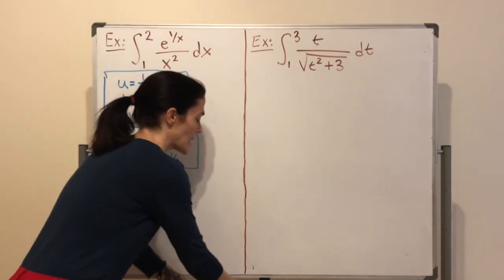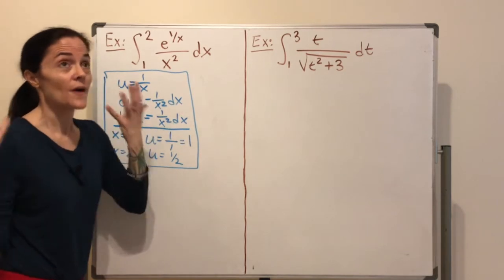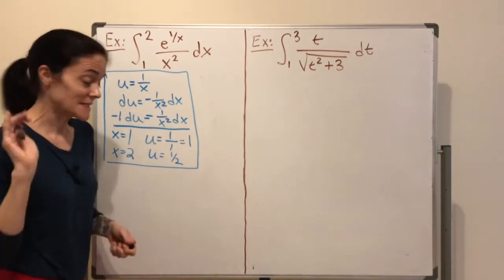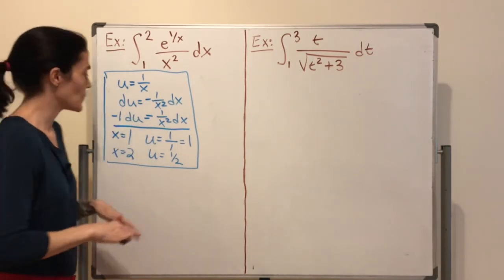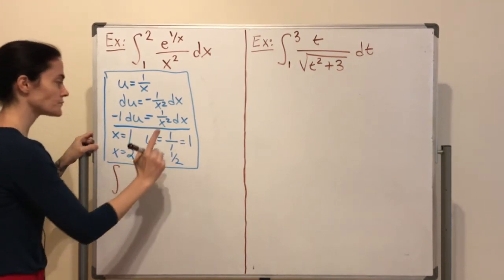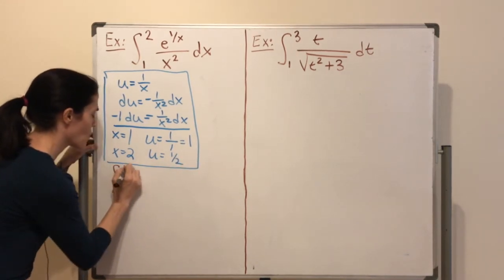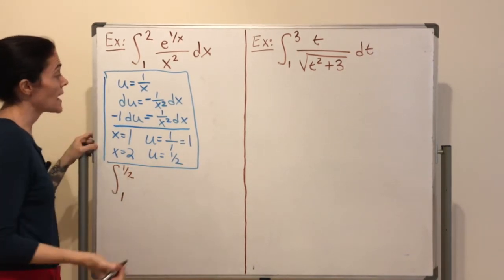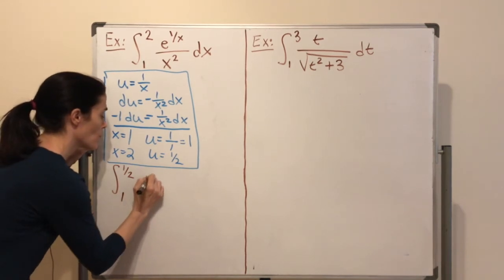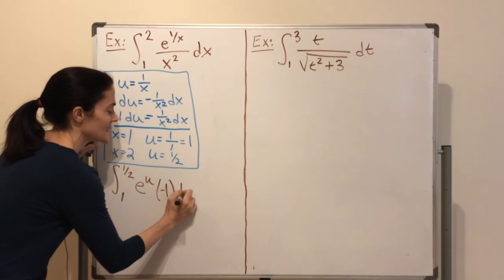Now I can write this entire integral, which is an integral of x, as a definite integral, in fact, of u. u goes from 1 to a half, and then we have e to the u, and then minus 1 du.